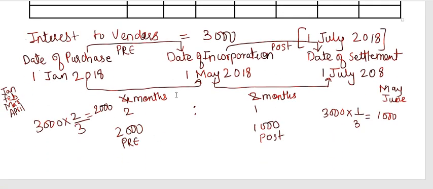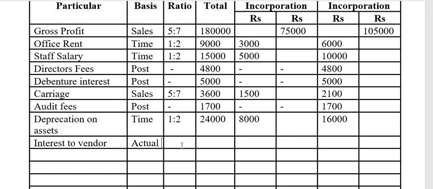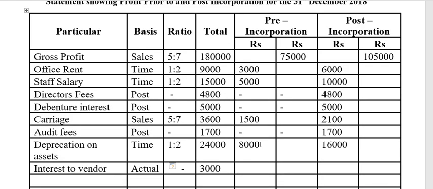So this is the working note, and total of interest to vendor is 3000. For pre-incorporation amount is 2000 and for post-incorporation amount is 1000.